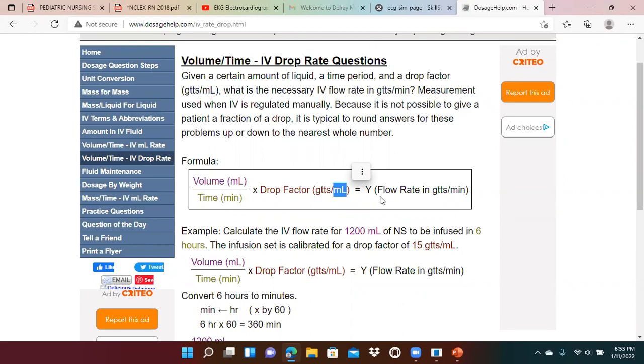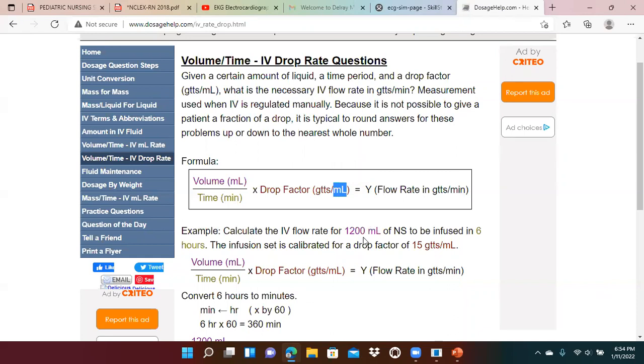So it is called the flow rate formula in drop factor: GTT per minute equals volume in ml divided by time in minutes times the drop factor in GTT per ml. That is always mentioned in the question. If not, then it is good to put 1 and you will get it. Example: calculate the IV flow rate for 1000 ml.